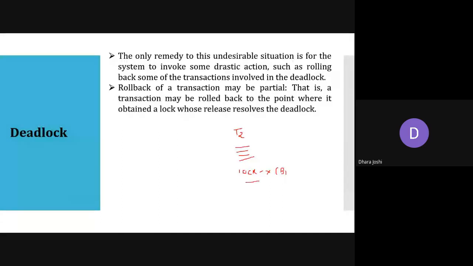Again, it wants to acquire a lock on data item A. And now for A, it is in the waiting state. So I'm writing just W for waiting state. So this is the scenario. T2 has granted lock for data item B, and it is waiting for data item A, like that.